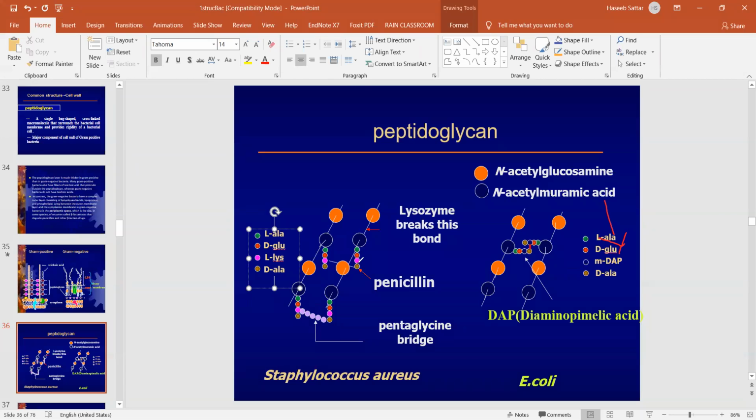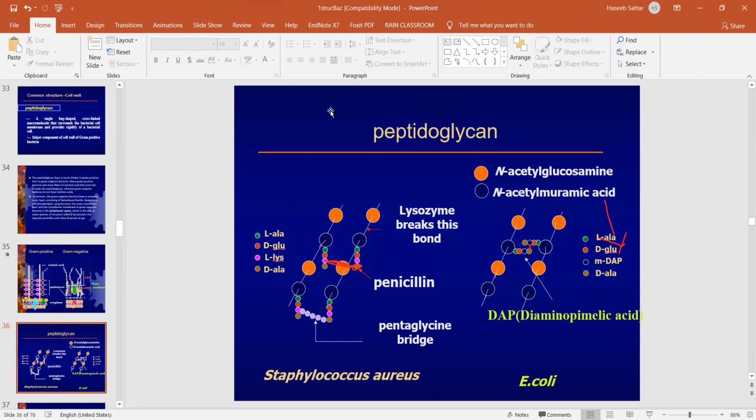This is D-alanine. So this D-alanine is the cross linkage. It is actually making a bond with another amino acid which is present on the second chain of peptidoglycan. So this is known as the peptidoglycan bridge. The peptidoglycan bridge exists because of this D-alanine.